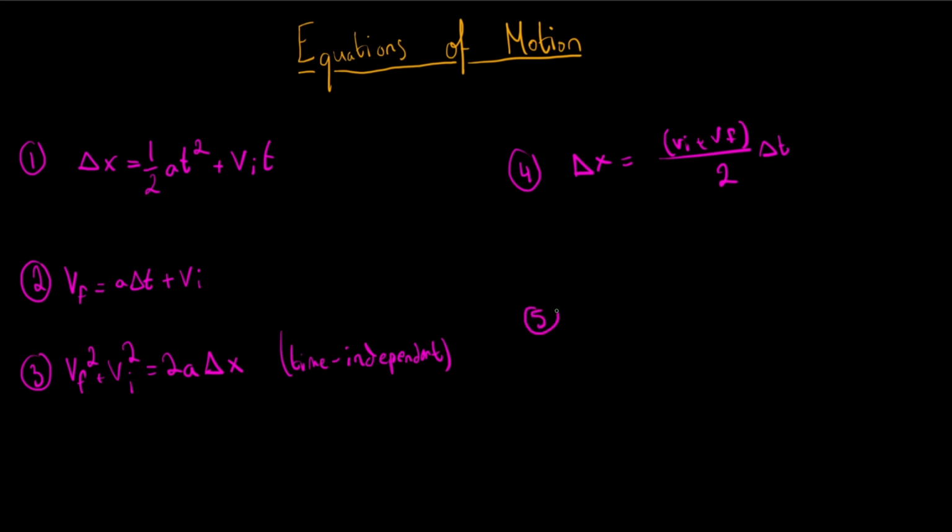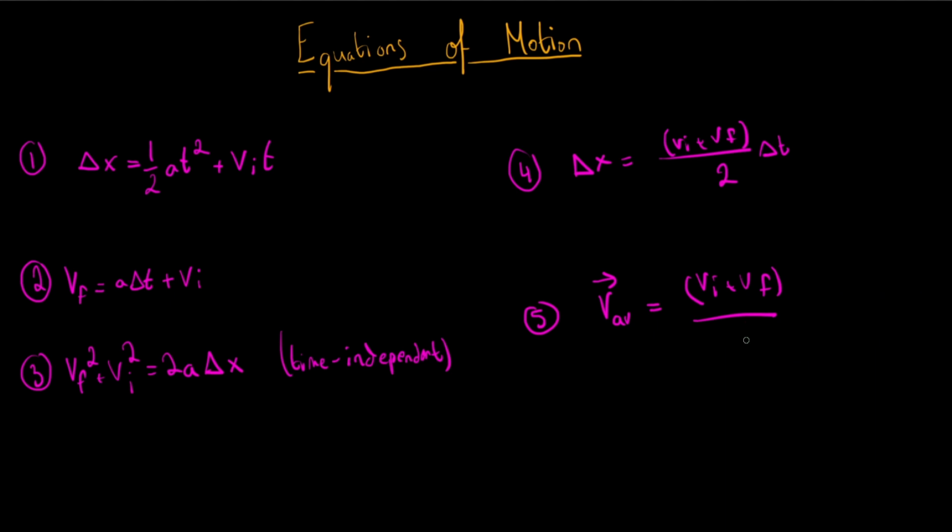And finally, we have the v average, which is equal to v initial plus v final over 2, or delta x over delta t. We can use the version over 2 when delta t is not given.